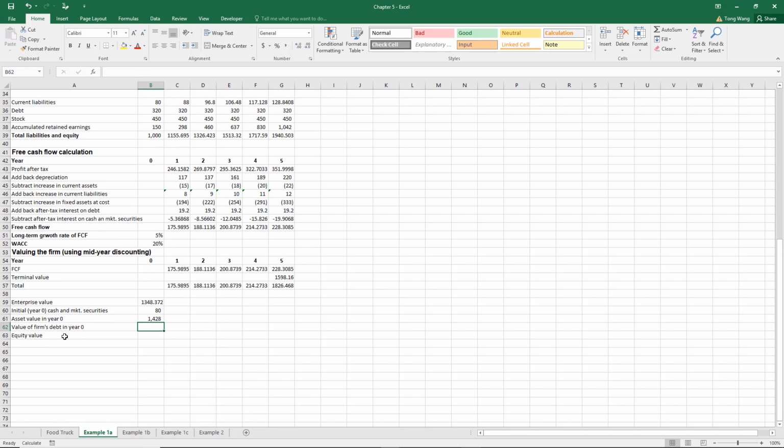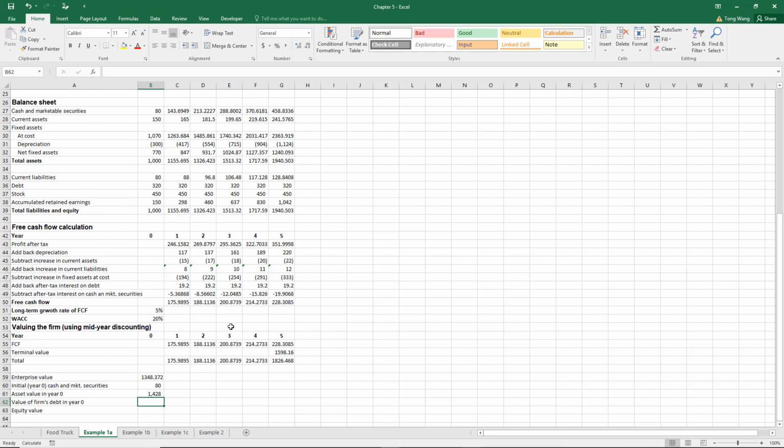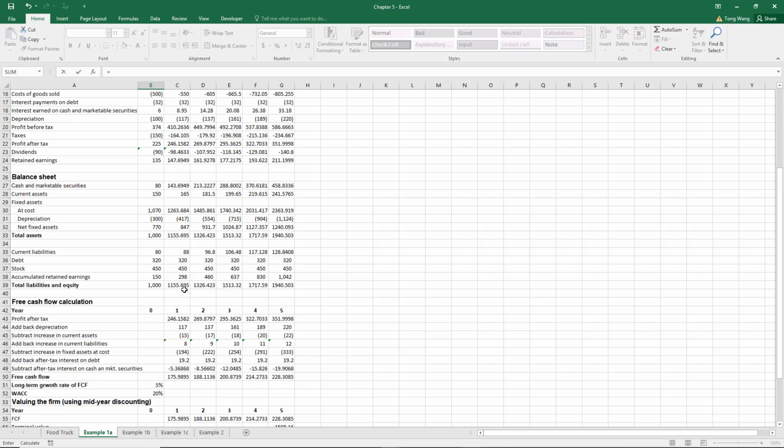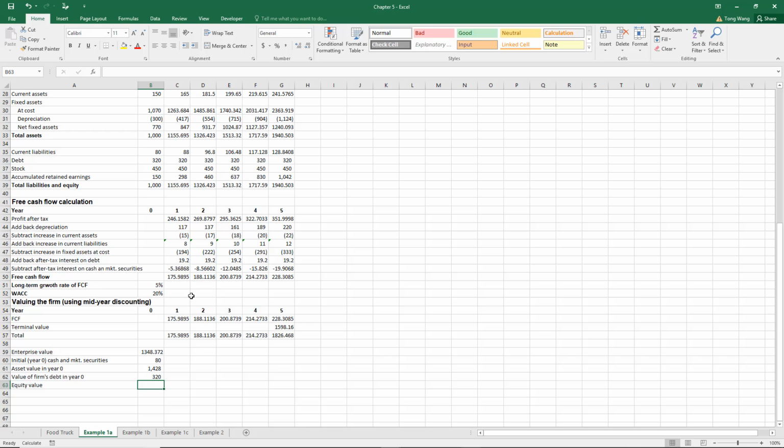Now I'm interested in calculating the stock value of the company, or equity value of the company. So I need to subtract the value of its debt. For the value of debt, we're just going to use the book value, which is in the balance sheet, because typically for debt, hopefully the market value and the book value are similar.